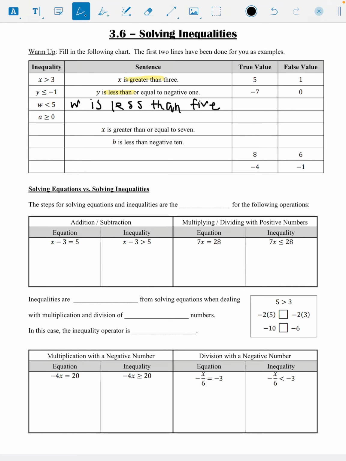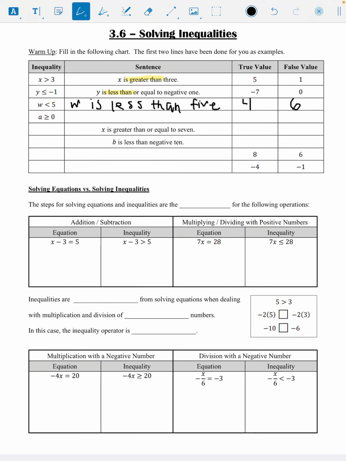So in this case, when we choose true and false values, they may differ for every person, but a true value is one that satisfies the inequality. So in this case, a number that is less than 5, and a false value would be a number that does not satisfy the inequality. So in this case, it would be a number that is greater than 5. So in this case, a true value could be 4, and a false value could be 6.